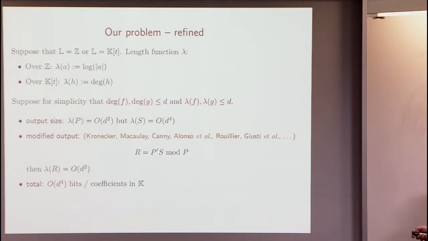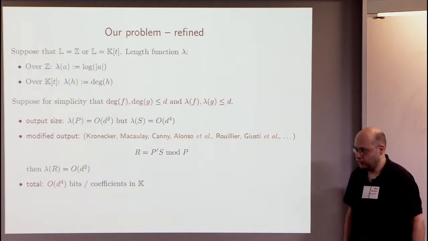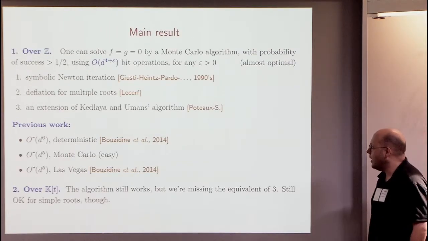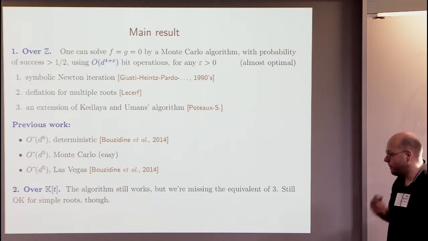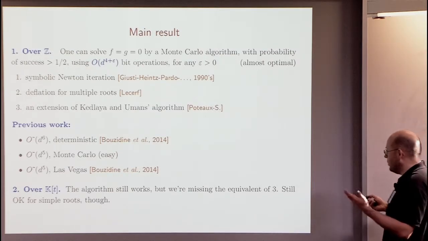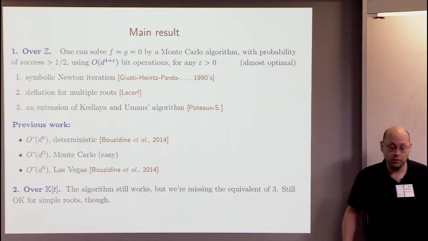If you are in the polynomial case, that's the amount of coefficients in k. The bounds here work in both cases. So the bottom line is that in the integer case, we can get close to optimal. And in the polynomial case, we cannot. So this question is one of these funny questions where we have better bit complexity results than algebraic complexity results.